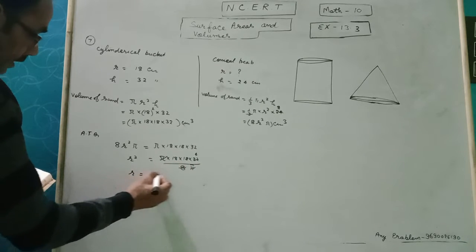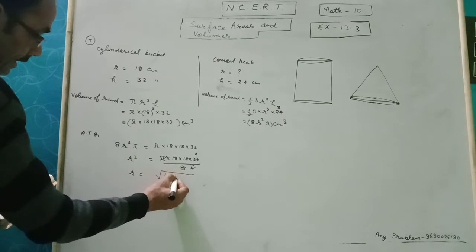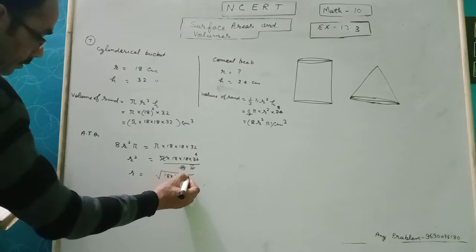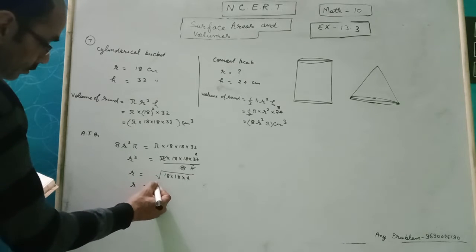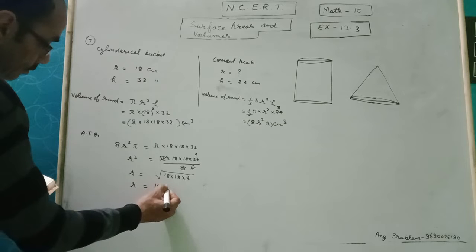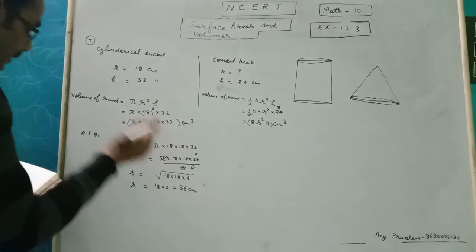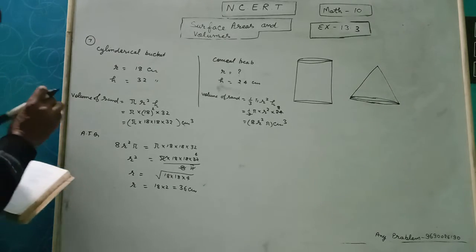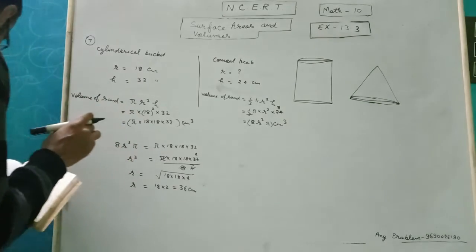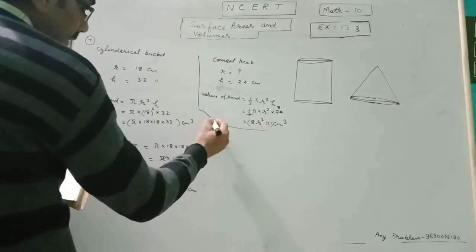After the square, 18 into 18 into 4. r is equal to 18 into 2, which is 36 cm. 36 cm will be the radius of the conical heap.